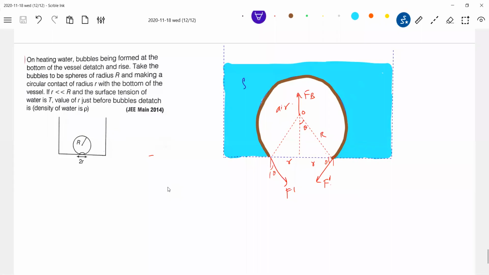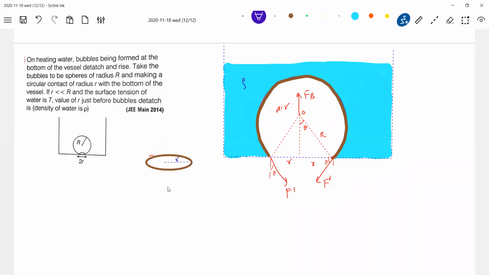Let me save it. Let's come to this one. Take it like this. This is the radius, small r, no?